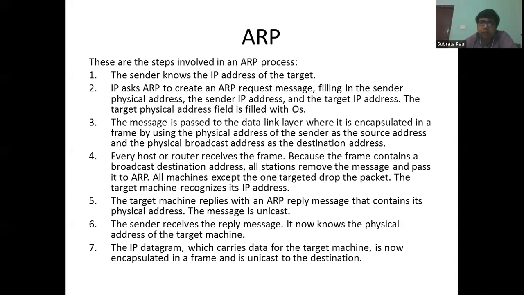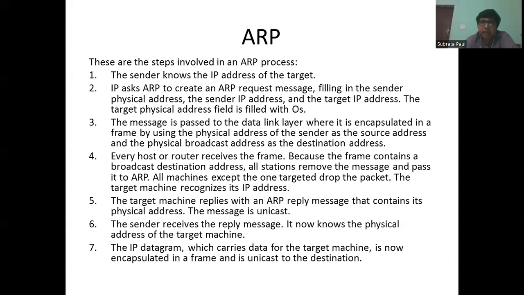The ARP request message is sent to all the computers on the network. This ARP request contains the sender's IP address, the target IP address, and the physical address of the sender. The target physical address, or the destination physical address, is unknown, so it is filled with all zeros.